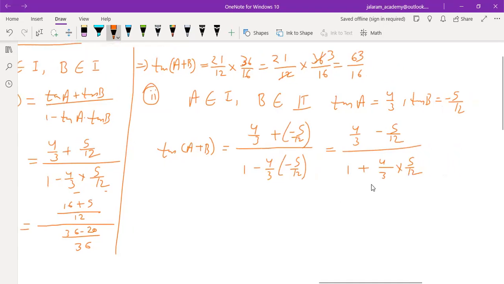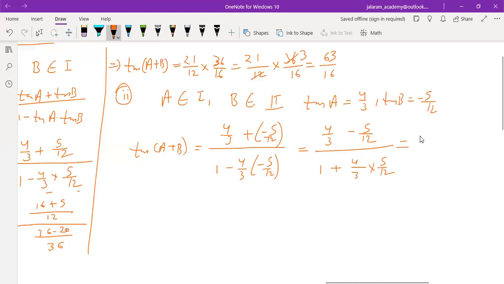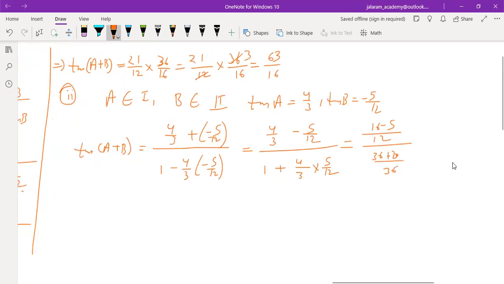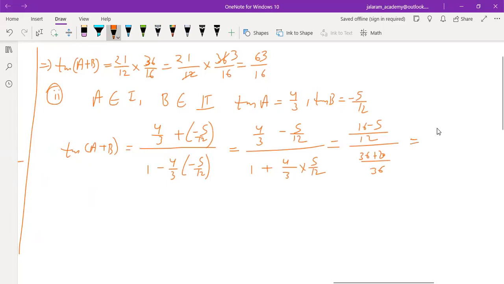Which is again equal to, LCM is 12, so 16 minus 5, over LCM is 36, 36 plus 20. This will be 11 by 12 over 56 by 36. So 11 by 12 into 36 by 56.